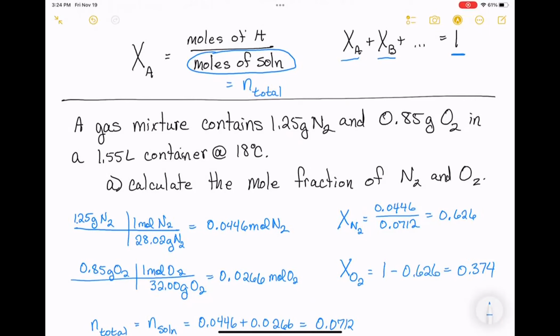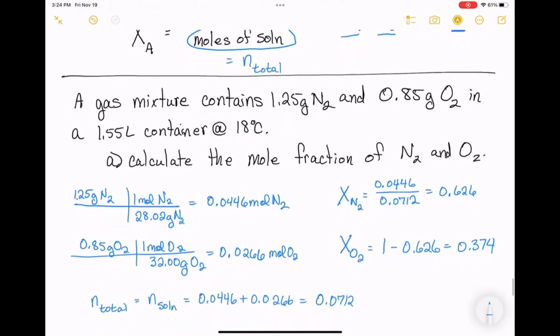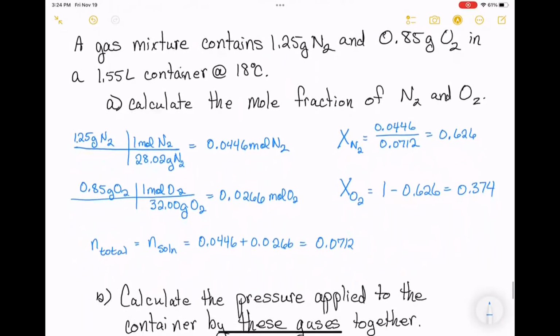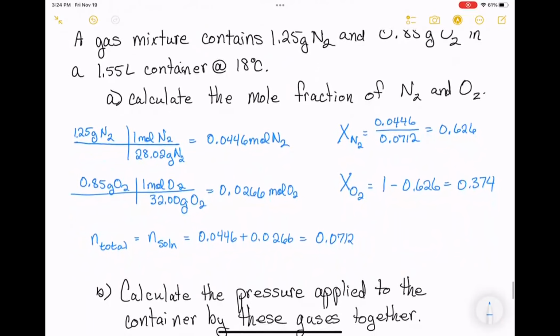Now, this isn't about mole fraction, but it is about the next piece, which is to calculate the pressure applied to the container by the gas combination.